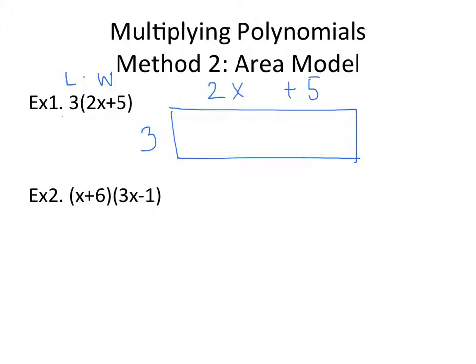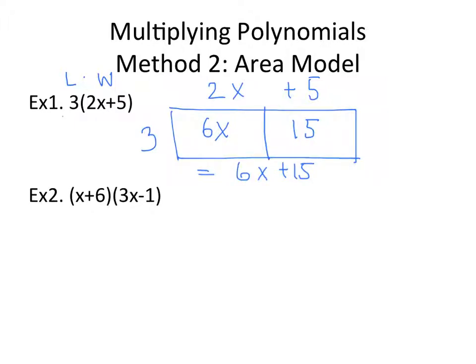We know that 2x and 5 are different terms because they're separated by that plus sign, so we're going to split it up. So 3 times 2x is 6x, 3 times 5 is 15, and as a result we get 6x plus 15. If we look at our example on the previous slide, we get the same solution.